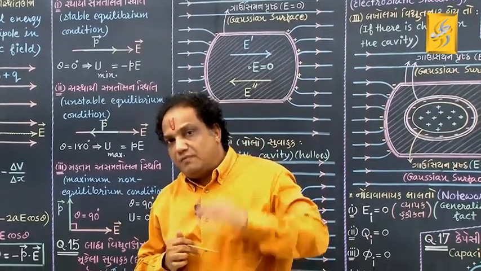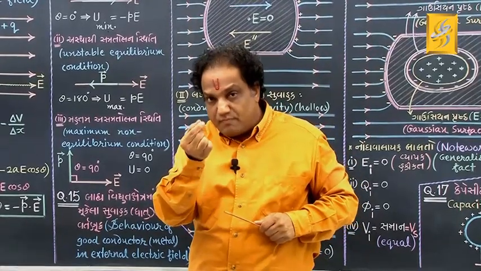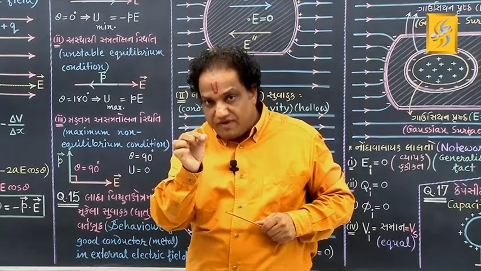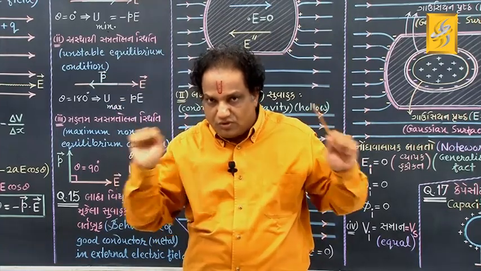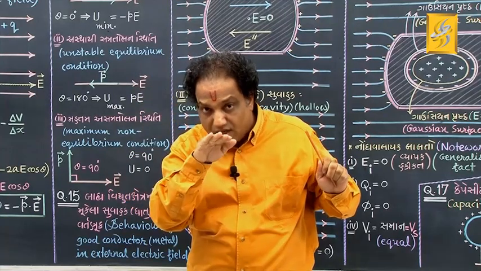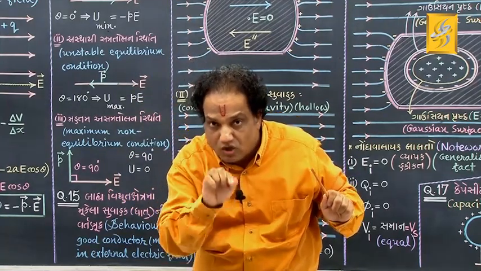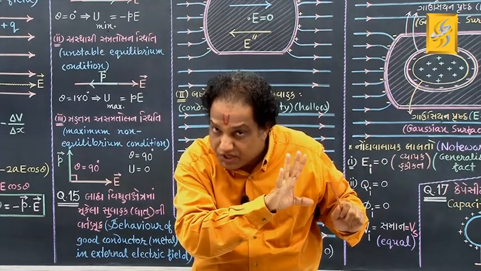Last time in chapter number 1, I had given 2 examples, remember? There was a marble which we had taken, and when we put it in a bowl, which is kept on the horizontal surface, that marble comes to the lowest height, the bottommost position, correct. That was stable equilibrium condition.